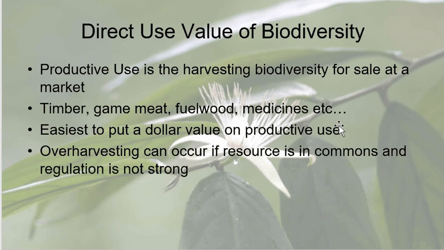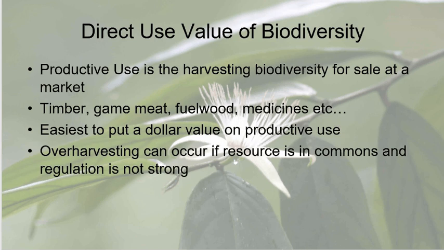Over-harvesting can occur through productive use of biodiversity very quickly and very easily, particularly as I've said before, the resource is in the commons and nobody actually owns it, and regulation by the government is not strong enough. So use of biodiversity for sale can lead to over-harvesting very quickly.